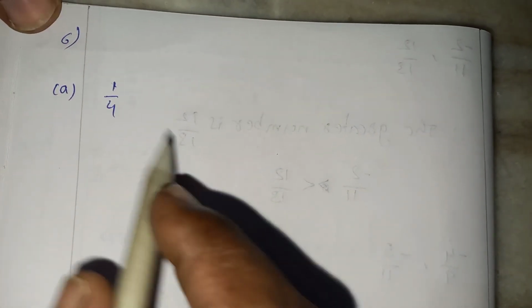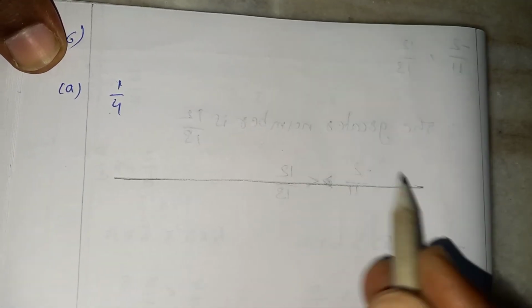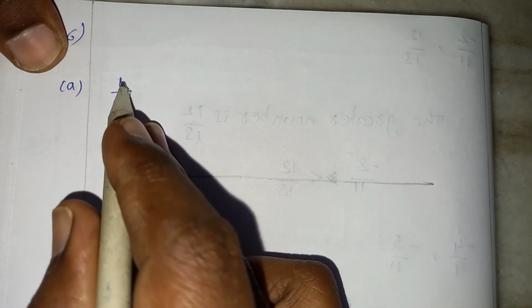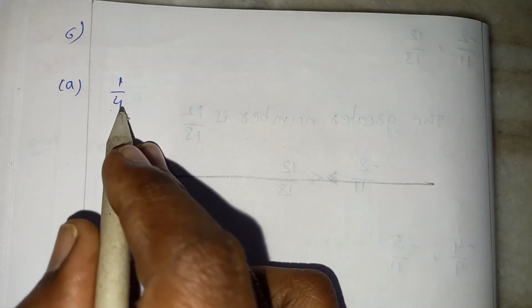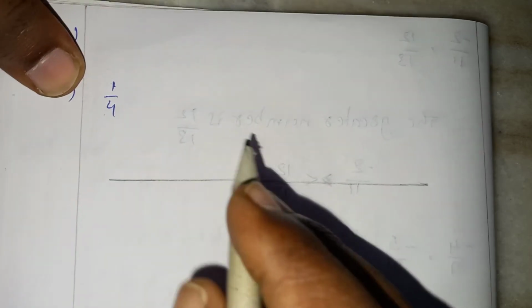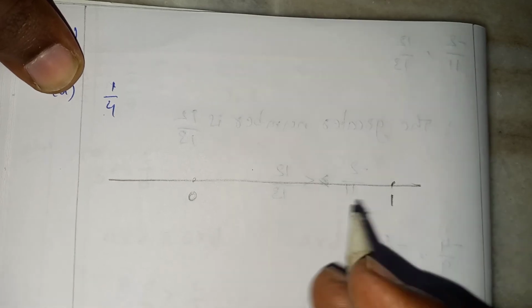Let us come back to the question and answers. They asked us to represent 1 by 4 on a number line. If we divide 1 by 4, it will be a very small value, 0 point something, so we have to mark it between 0 and 1. And how many parts do we have to make?